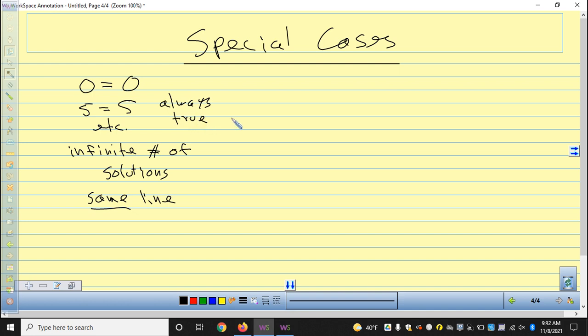So if we graph that system of equations, we get two lines right on top of each other. 0 equals 0, 5 equals 5, something that's always true is an infinite number of solutions. Our graph would be the same line.